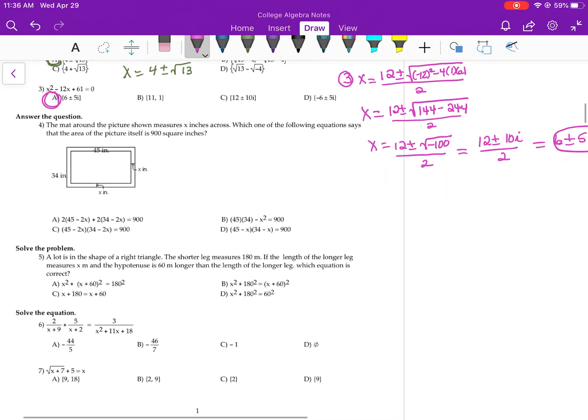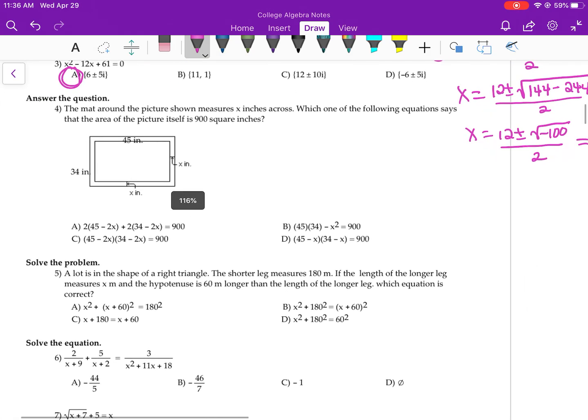Number 4. We're putting a mat around a picture. The mat is X inches thick all the way across. Which one of these gives the formula for the area? Which one says the area of the picture is 900 square inches? So the 45 that they're talking about is this 45 here. And then this length here is 34.